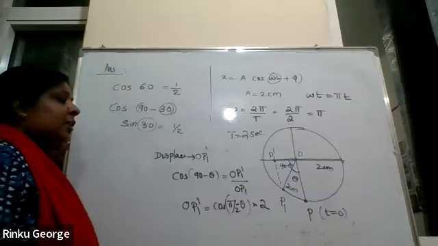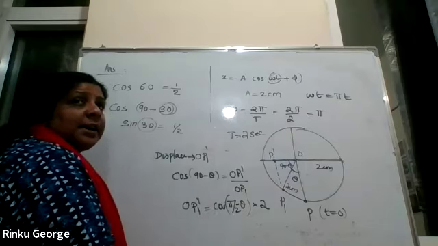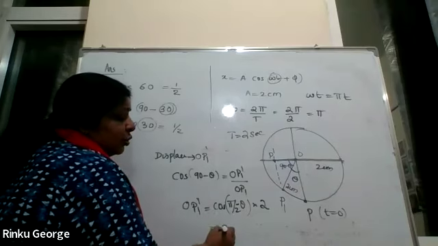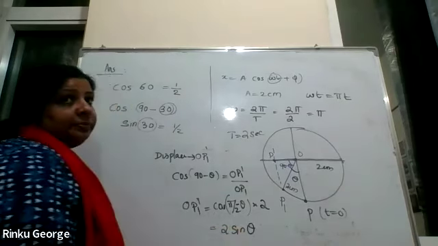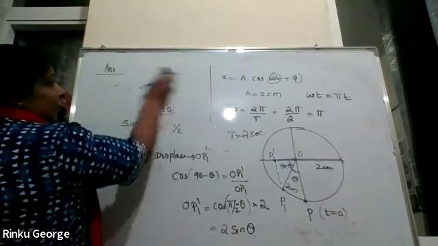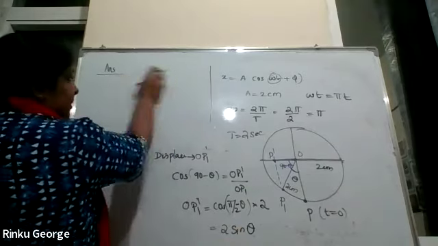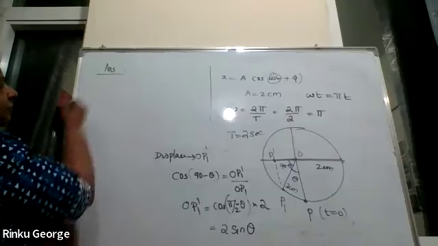So instead of cos of pi by 2 minus theta, what can I put? Sin theta. So this will be 2 sin theta. Basically, what is the equation now? What we need is the equation for SHM, right?